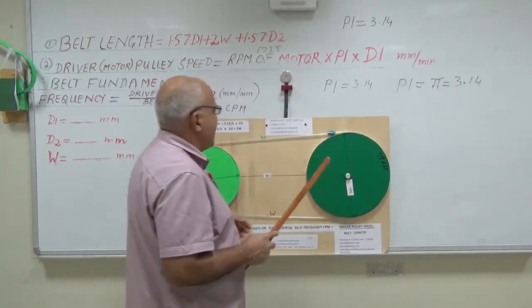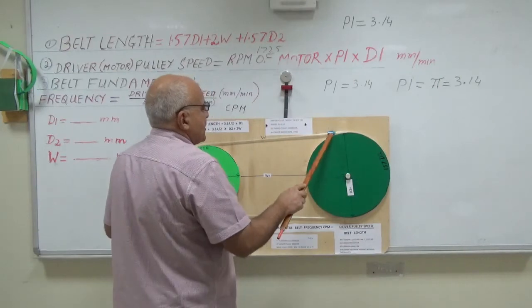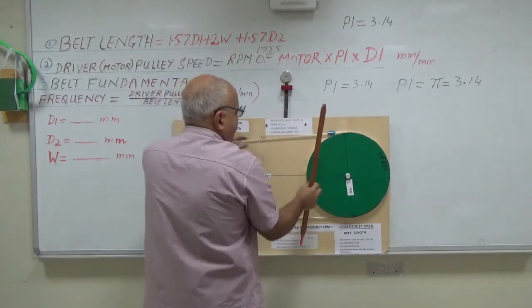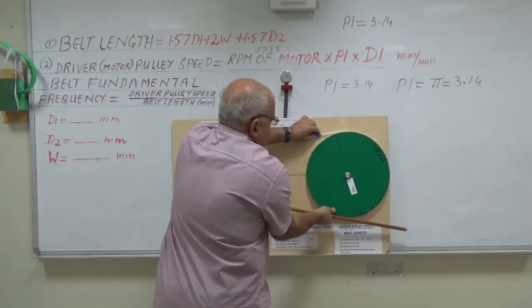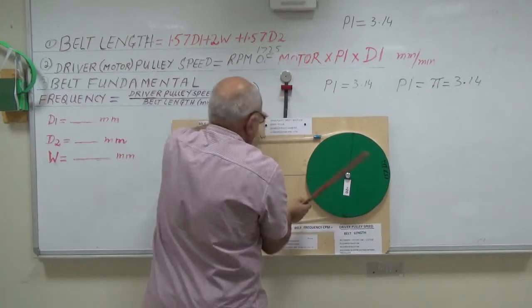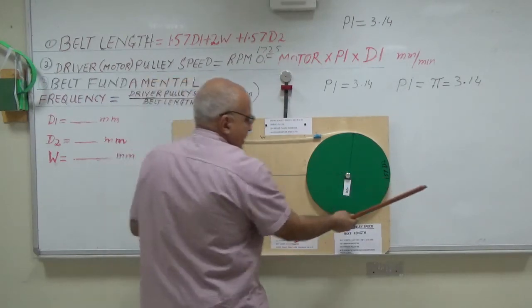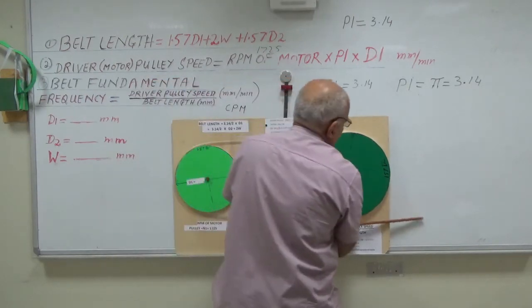Now you can see here this part of the belt is damaged.